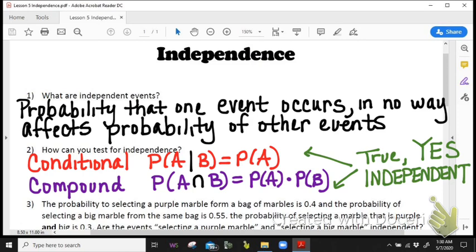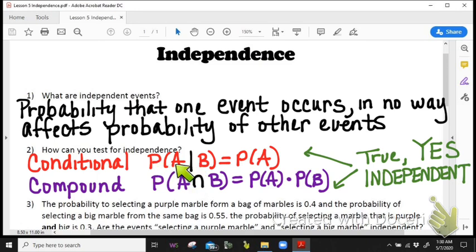So the first method that we can use to test for independence is conditional probability. Again, feel free to pause the recording so you can copy down the definitions as I explain it. But conditional probability is given. So if you recall, in our previous lesson, we talked about conditional probability, and this is the symbol for a condition, which reads given.